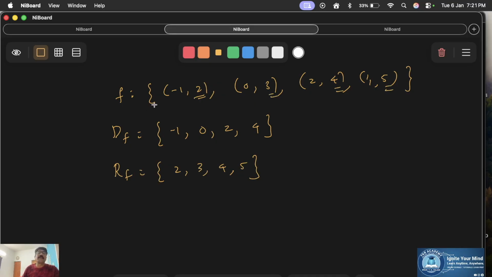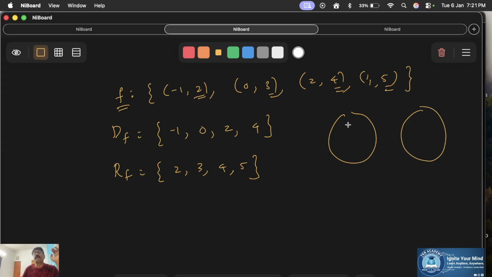Now this is already given as a function, so there is no suspicion here whether every element has an image. Such a question doesn't arise because it is already given that f is a function. We suspect whether it is a function only when A is defined.